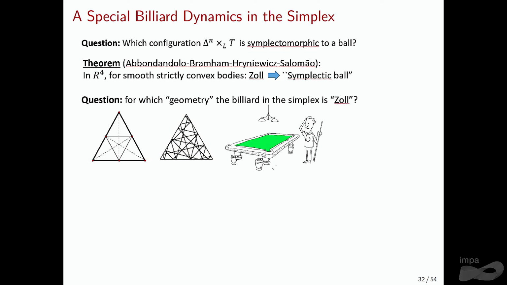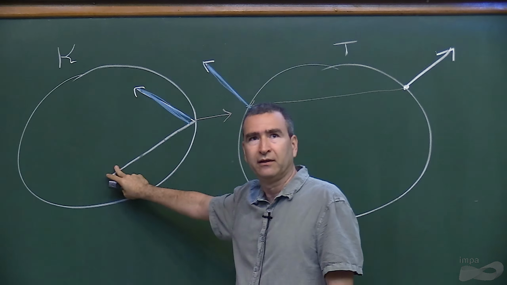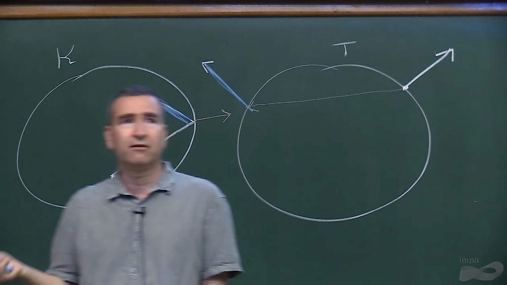And now we ask, can you come up with a geometry? Remember, this T is basically a choice of a geometry. So we ask, can you find a geometry so that if you would play billiard dynamics with respect to this particular geometry, the billiard dynamics would be Zoll?